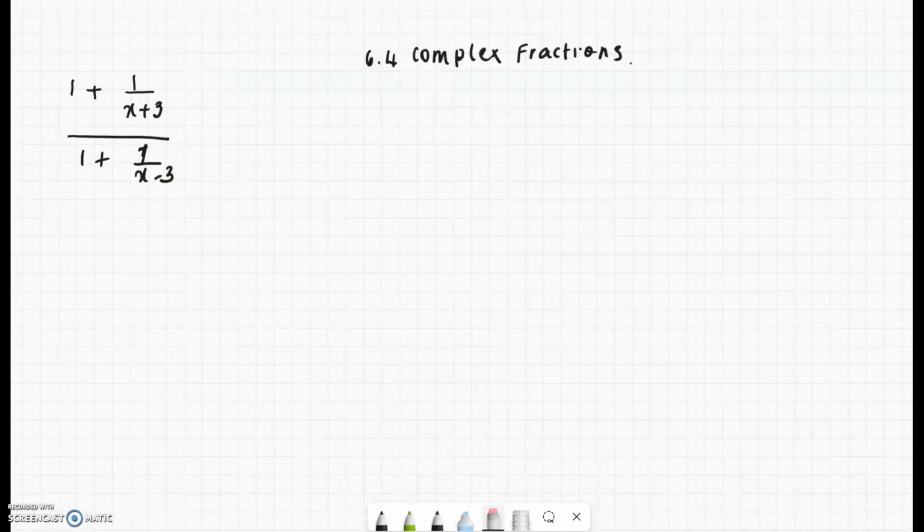Now we'll simplify the same expression using a different technique, and this time we're going to multiply the numerator and denominator by the LCD of all the rational expressions. So what are all the denominators?